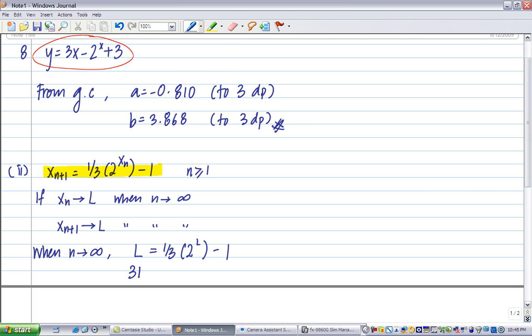If we multiply 3 throughout, we get 3L equals 2 to the power L minus 3. Correct? So if we manipulate the equation a little bit, we get 3L minus 2 to the power L plus 3 equals 0. Are we solving exactly the same equation as part 1? Yes, indeed we are.